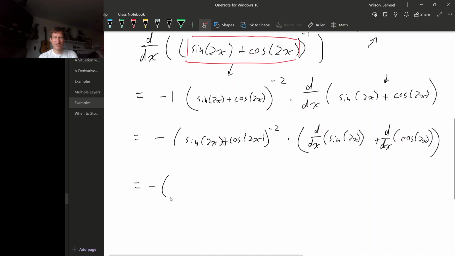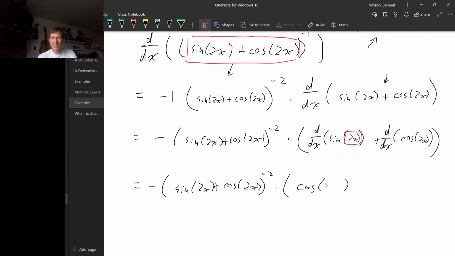So minus, this first part doesn't change, minus sine 2x plus cosine 2x to the minus second power times, all right, now for this sine piece, it has an inside. So we'll take the derivative of the outside, the derivative of sine is cosine, put the inside into it, that's 2x, and then multiply by the derivative of the inside. And the derivative of 2x is 2.